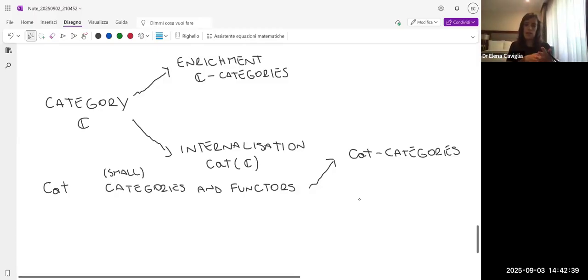So instead of just having objects and morphisms in our categories, we now have morphisms between morphisms. And this gives rise to what we call 2-categories. So we'll talk about it next week. So the idea here is that we have a new higher level, right? We have morphisms between morphisms.